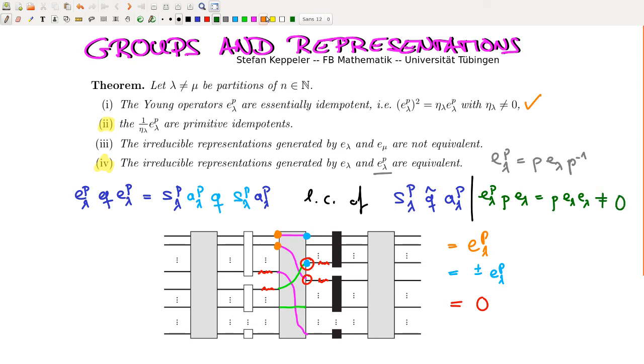And that's what we have to show. We have to find one way, something we can sandwich between the two idempotents such that we get something non-zero, and then we know that the irreps generated are equivalent.